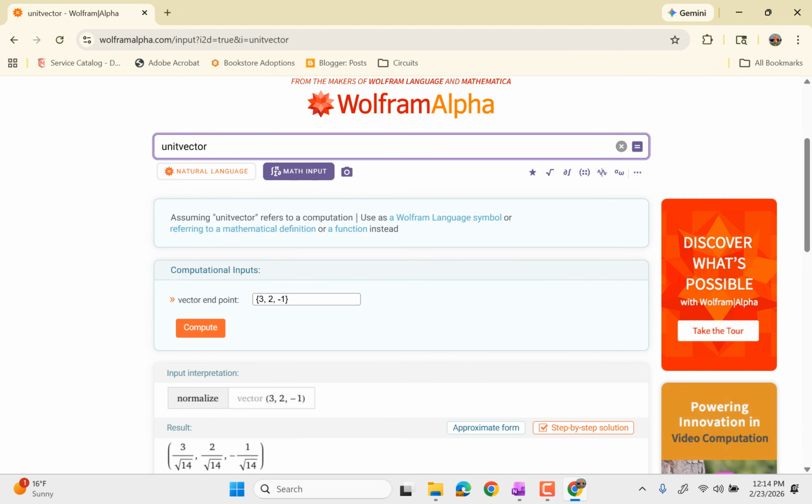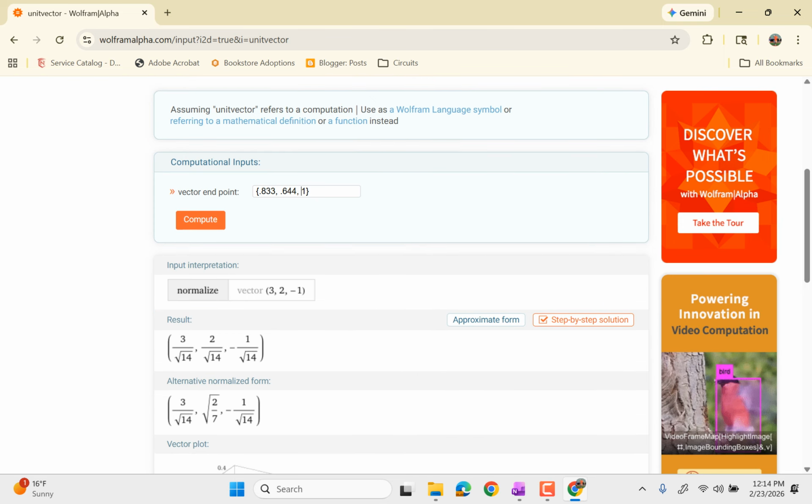Oh, here we go. Okay, so I'm going to go 0.833. Oh, you just want the normalized one? Yeah, if you type in the vector on the very top in the search bar, it brings you a bunch of stuff. Oh yeah, really? It gives you the normalized vector. Oh, okay. So I want the normalized version of this.